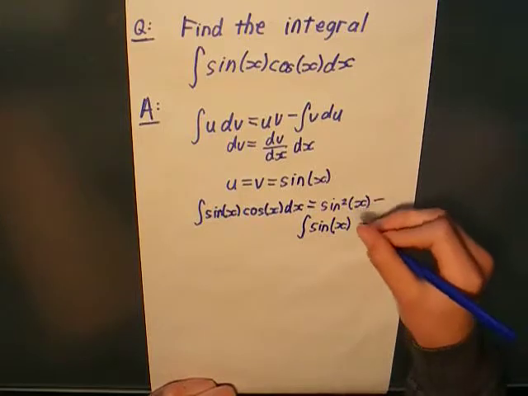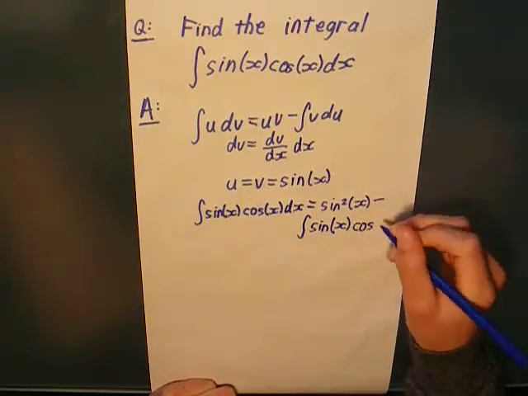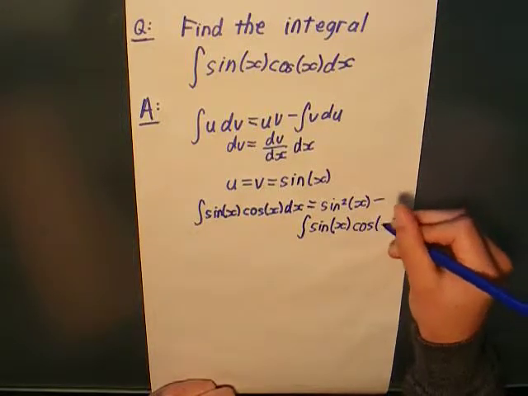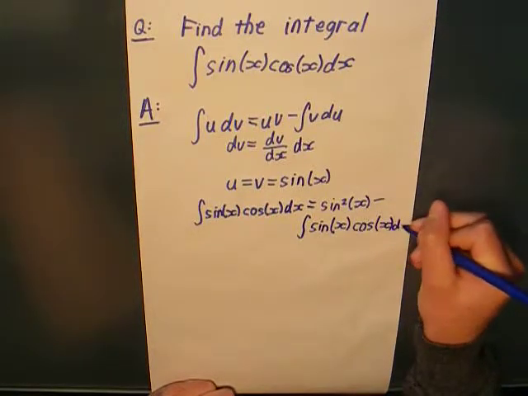So that just comes out as cos x dx, for the same reason as dv is cos x dx, because they're the same. So it's cos x dx.